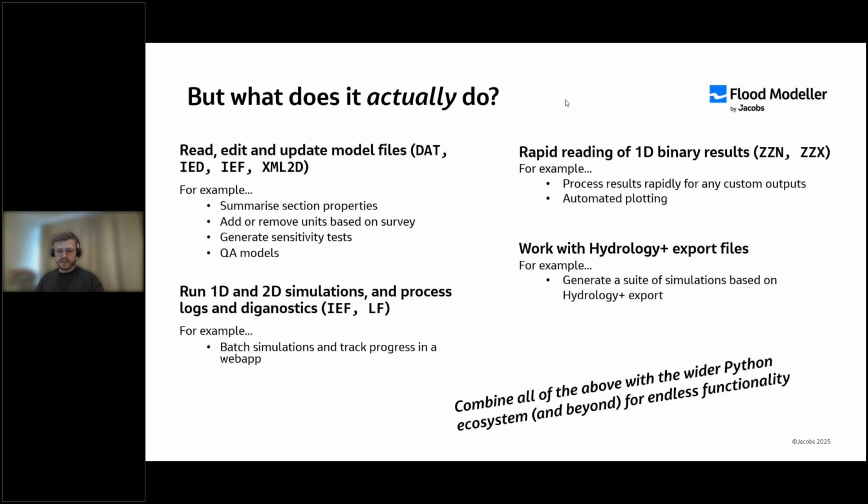So if you're wanting to edit roughness values or distance to next or any other cross-section properties, and also update them in terms of adding or removing things. For example, if you wanted to add a whole bunch of new units based on survey, or if you wanted to create new IEFs to generate sensitivity tests, or routines for QAing models, all of these kind of things fit into that first bucket of being able to read and update the model files themselves.